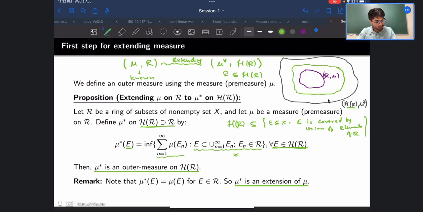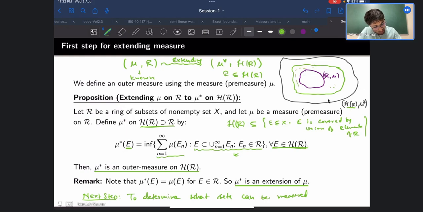So our next step is to determine what sets can be measured. Now suppose this is the set which can be measured.